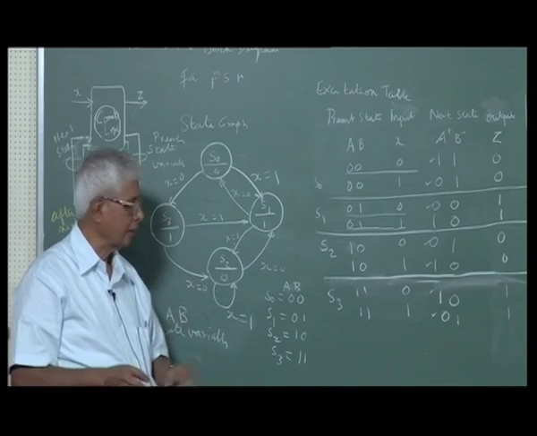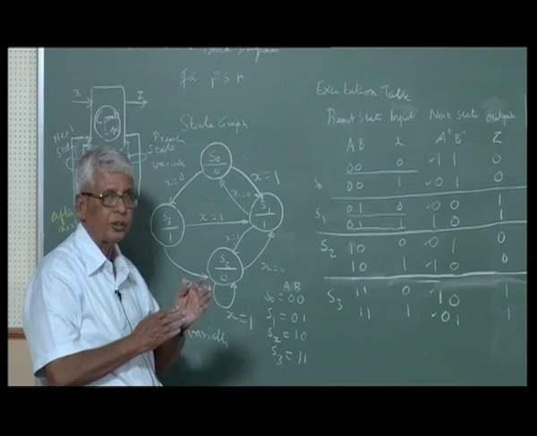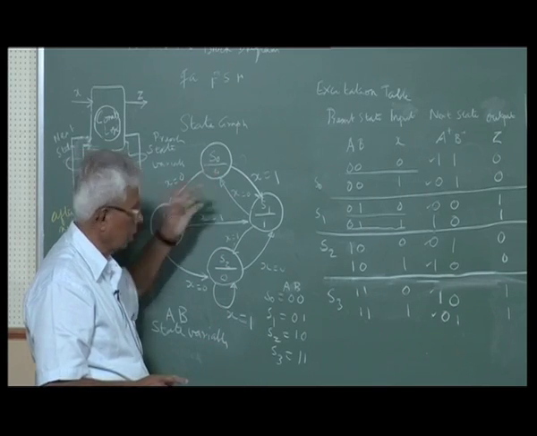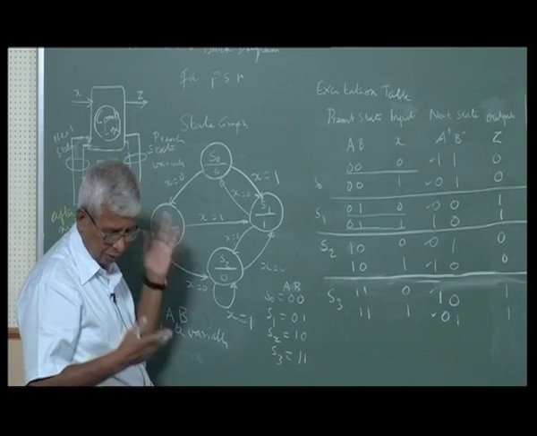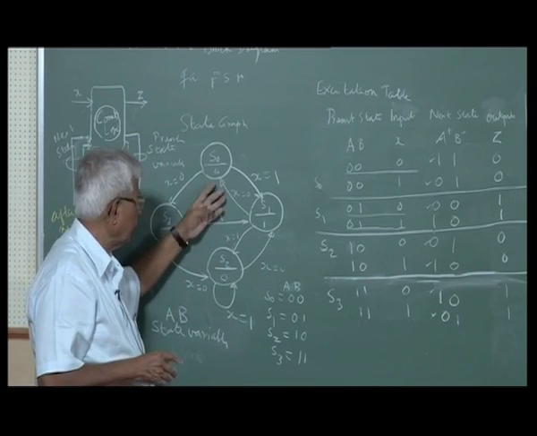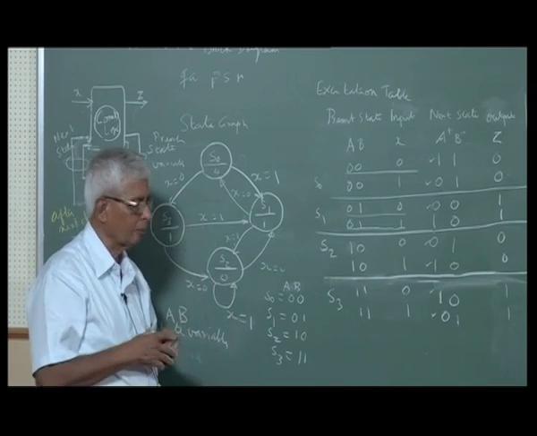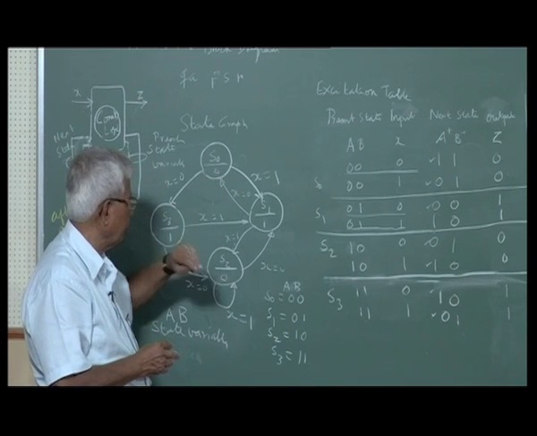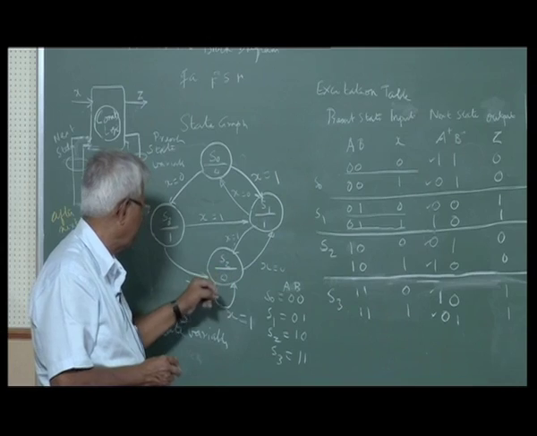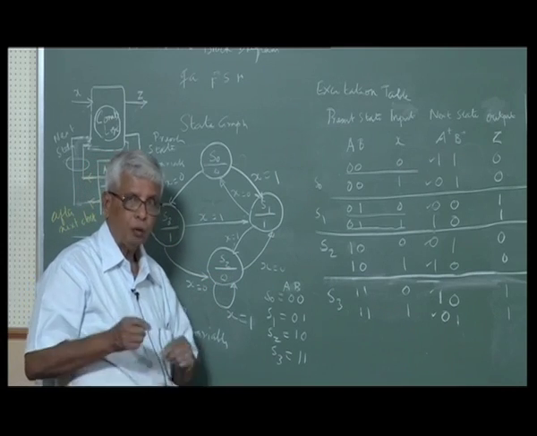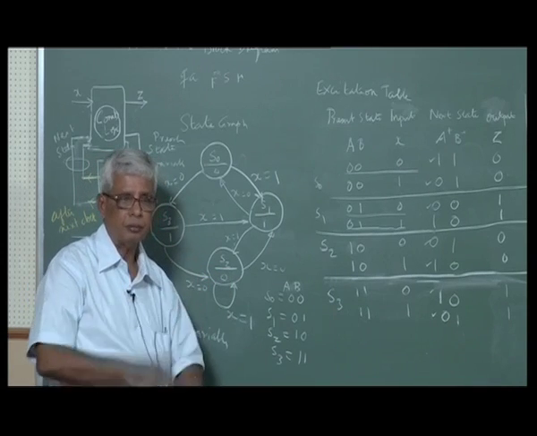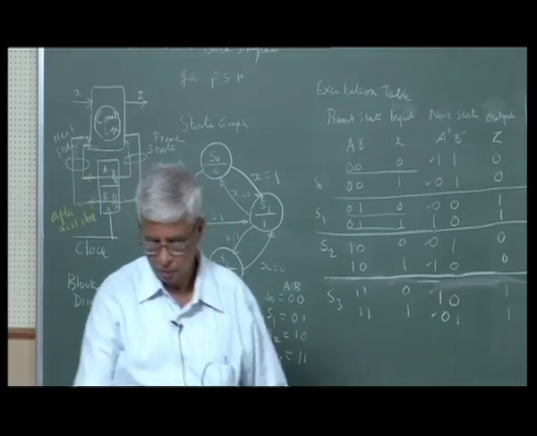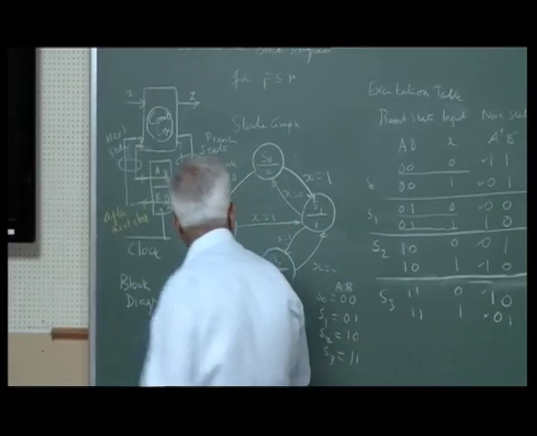These circuits, state graphs with inputs of course, output given for a state. In this case S0 has 0 output, S1 is 1 output, S2 is 0 output, S3 is 1 output. The output is defined for a given state. Such a circuit is called a Moore circuit.